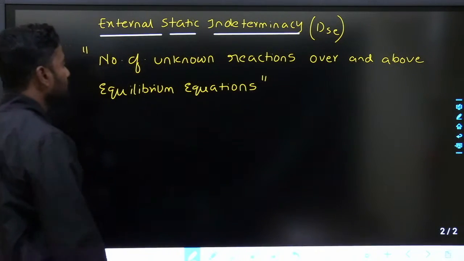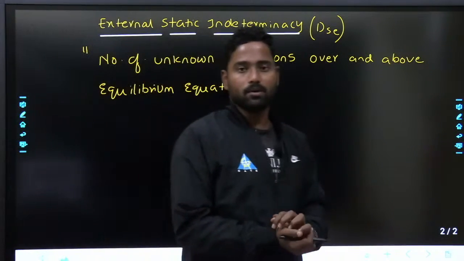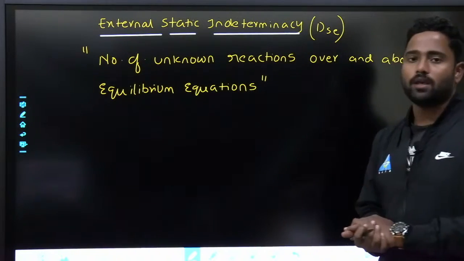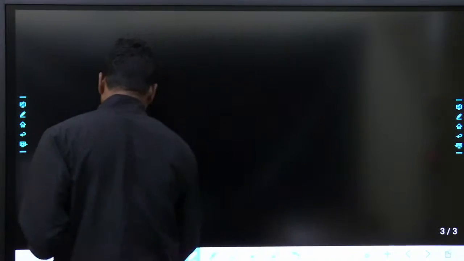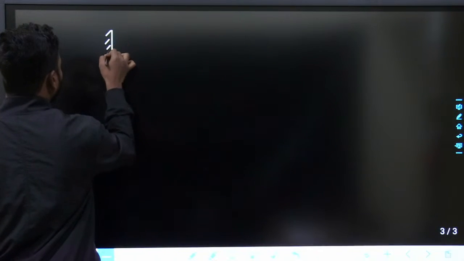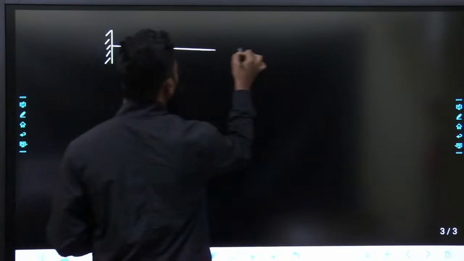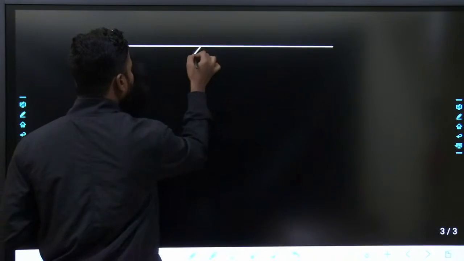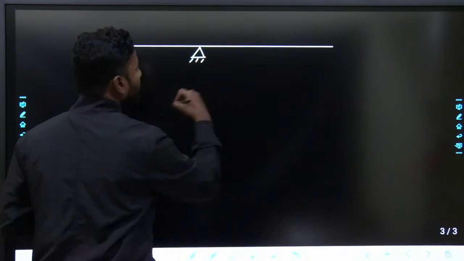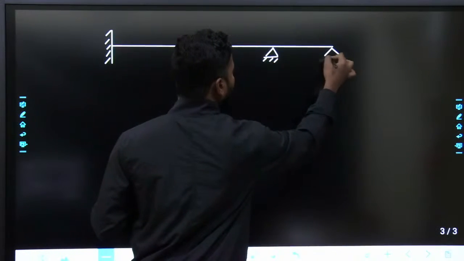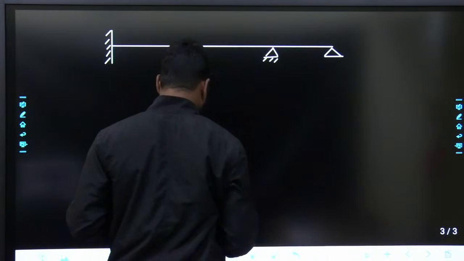Now coming to equilibrium equations and reactions at the supports, I will take a basic structure, a basic beam. If I consider this as a beam, hinge support, I will keep this as some roller support.